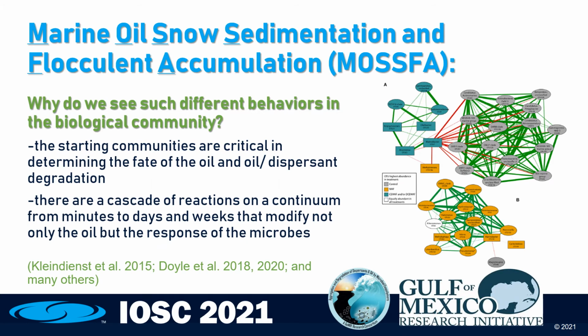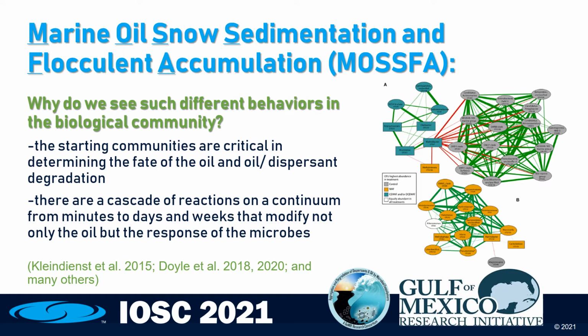The other reason that we see a range in the amount of oil returning to the sediments is because the biological communities producing these exopolymers are quite unique, and the starting communities really are the ones that we have found are critical in determining the fate of the oil or the oil plus dispersant degradation.